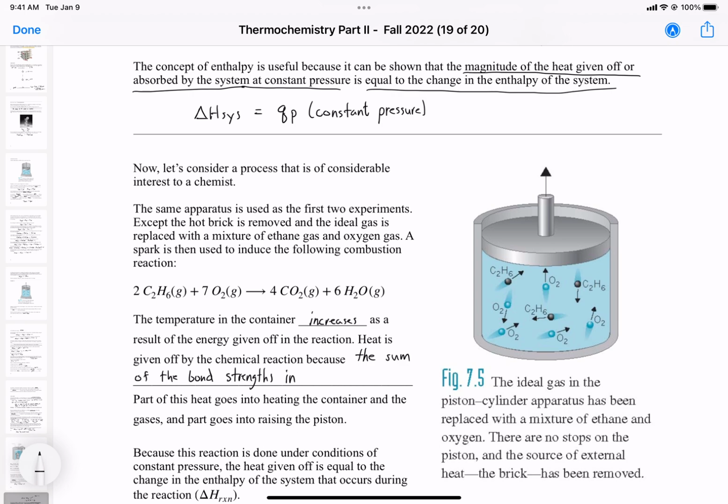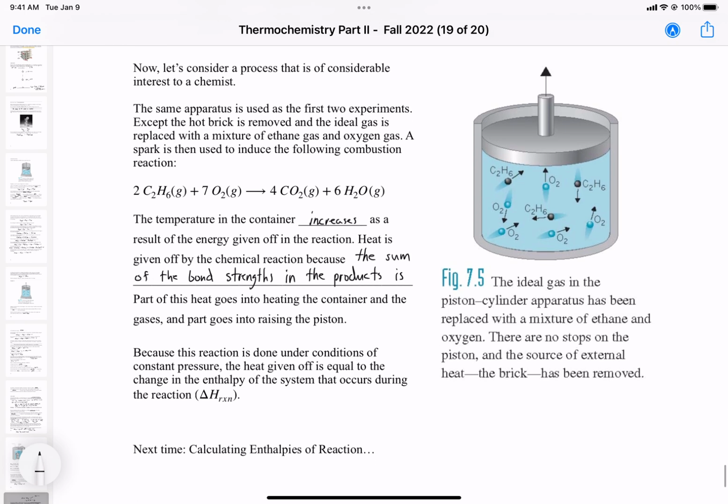I'm not gonna have enough room. Okay, so we have to write this somewhere else. Let's write it right here. Is greater. Sorry, I should have left myself more room.